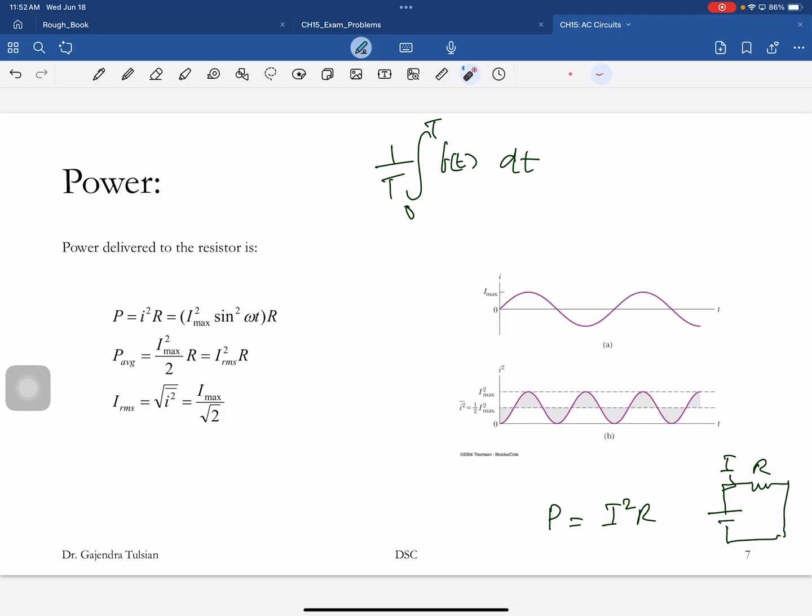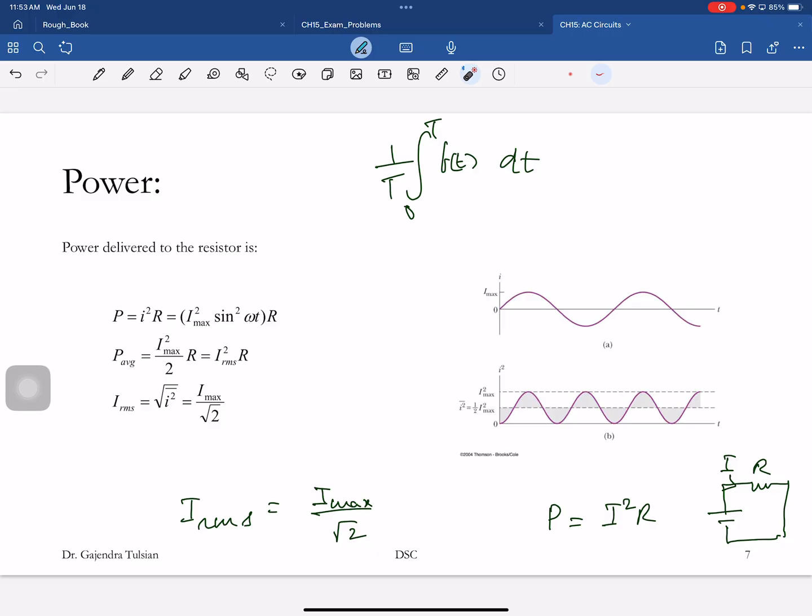You have to remember a new formula. We don't want to do that, so we'll define something new: I RMS, which is just I max over root 2. And so this power becomes I RMS squared times R, which is exactly like the old expression, and we like that.